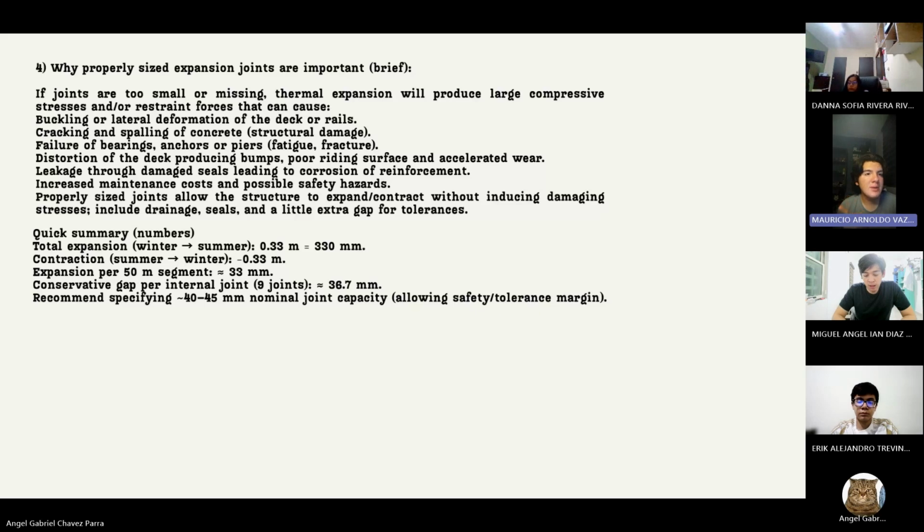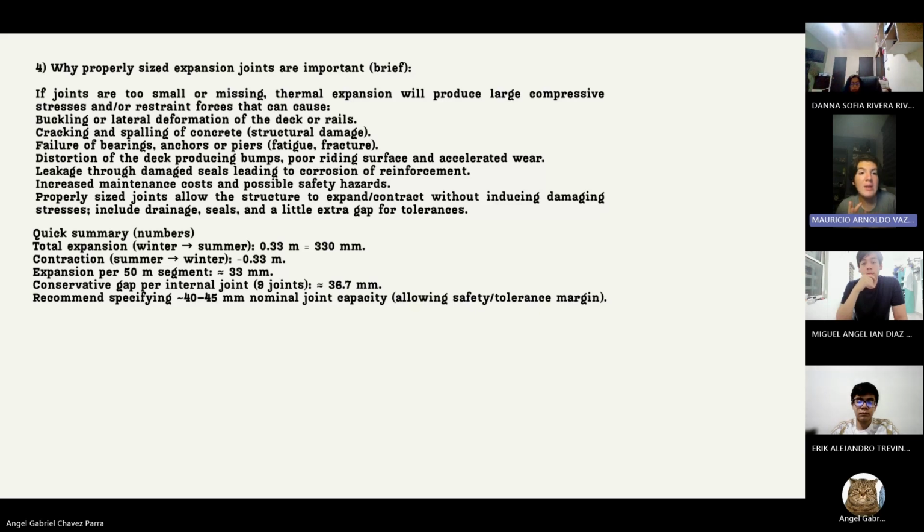Distortions of the deck produce bumps or rough riding surfaces, accelerated wear, and leaking through deck seals, leaving the structure exposed, and increase maintenance cost and possible safety hazards. Properly sized joints allow the structure to expand and contract without introducing damaging stresses.